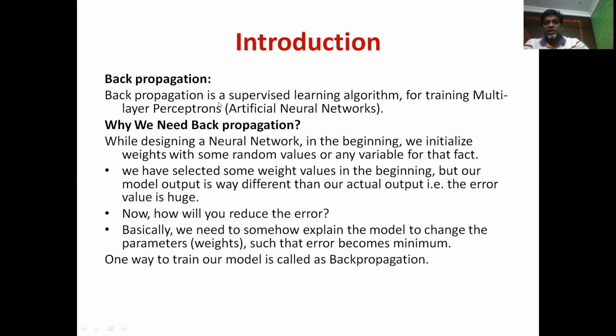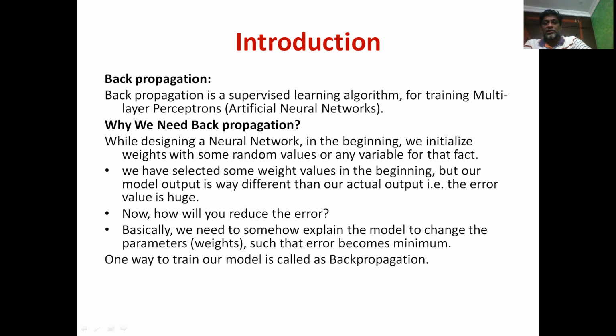So why do we actually need this algorithm in multi-layer feed-forward neural networks? Why backpropagation? To understand this, let us go through what happens in the training process of a neural network. Firstly, we initialize the weights of the neural network with some random values.